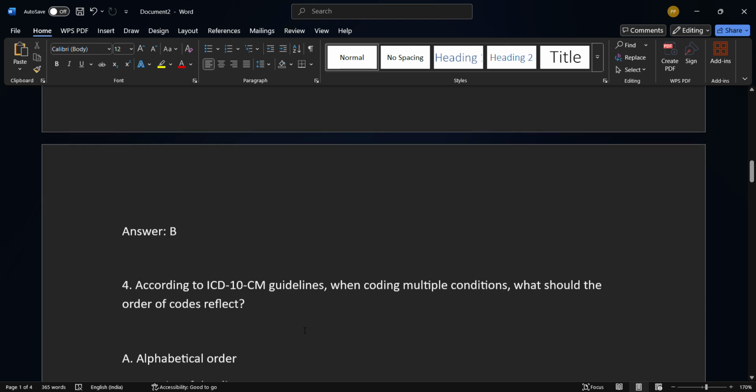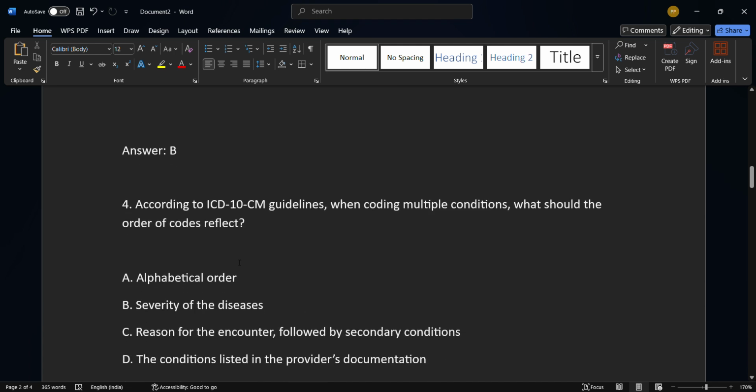Fourth question: according to ICD-10 guidelines, when coding multiple conditions, what should the order of codes reflect? Option A, alphabetical order. Option B, severity of the diseases. Option C, reason for the encounter followed by the secondary condition. And option D, the conditions listed in the provider's documentation.